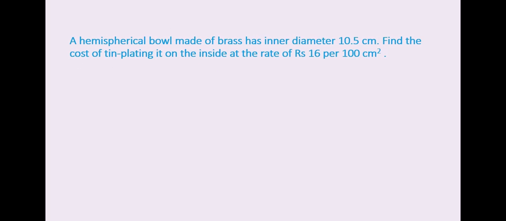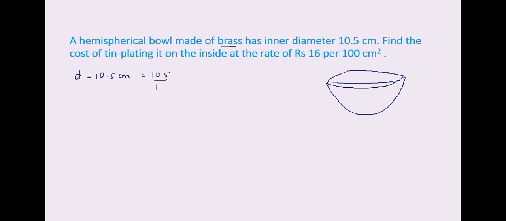Now, we have a hemispherical bowl of brass. We'll take a hemispherical bowl of brass having diameter 10.5 centimeter. So diameter is 10.5 centimeter. I'll write 105 upon 10 centimeter.